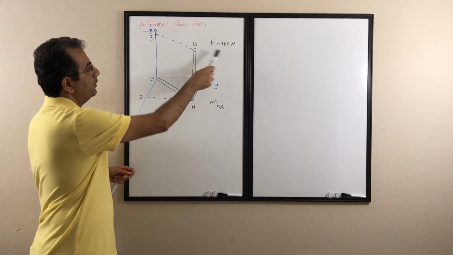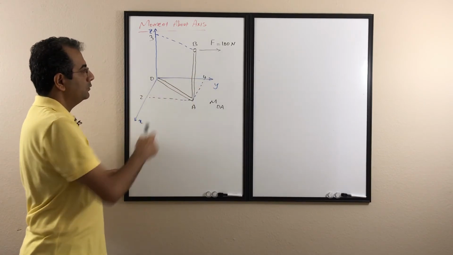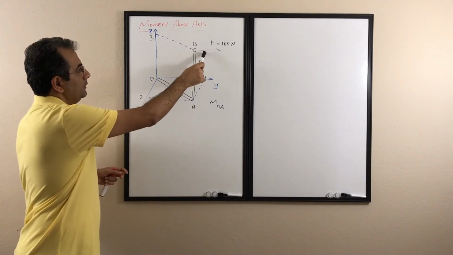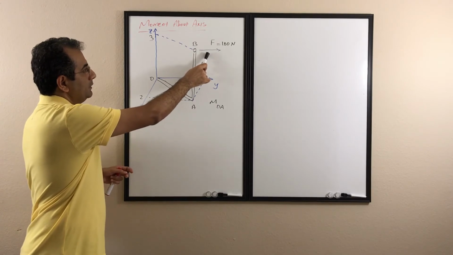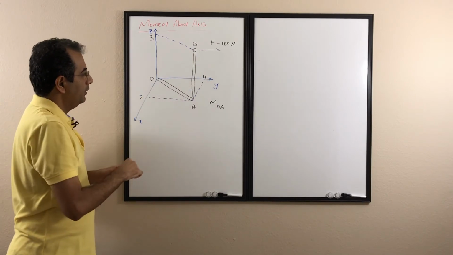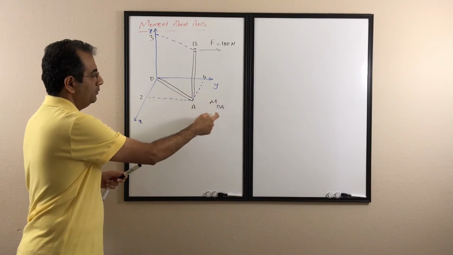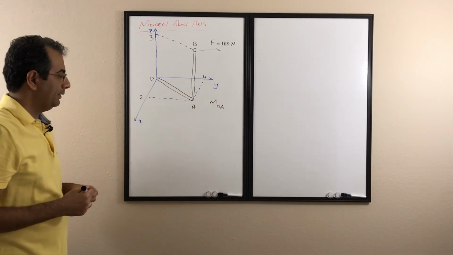Here we have a force of 100 Newton, which is parallel to the y-axis, and we want to see how much moment it creates about the OA axis.